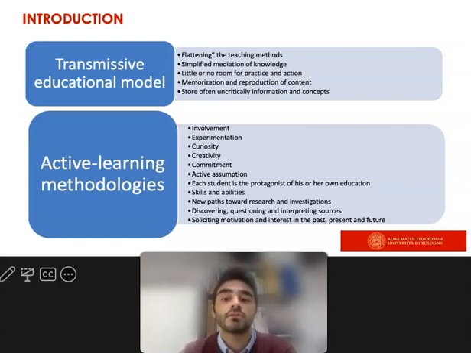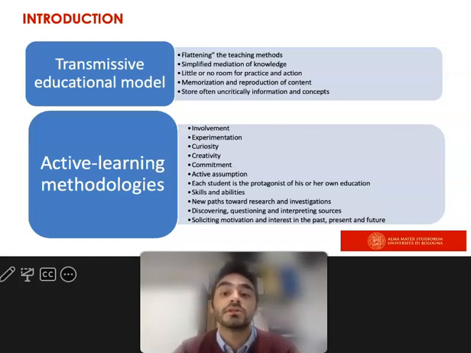In fact, the frontal lesson on the level of cognitive processes insists primarily on memorization and reproduction of content through listening activities, study and exercises to store, often uncritically, information and concepts.